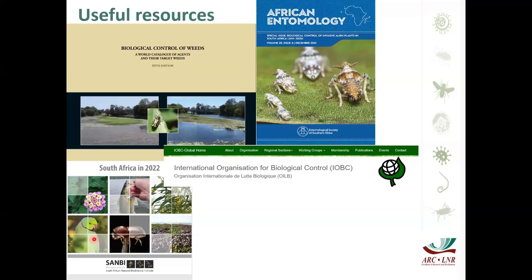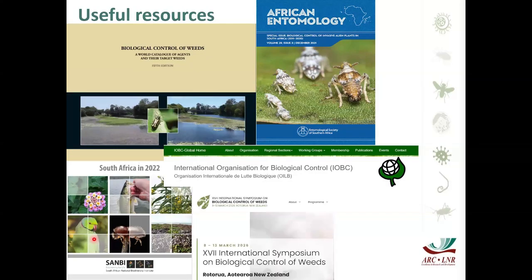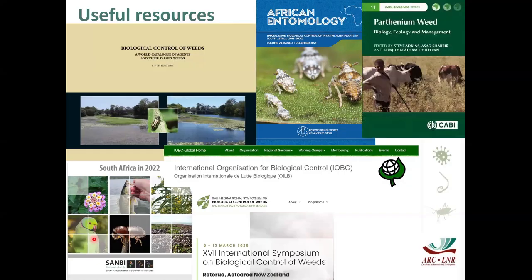There is an international organization for biological control that has an umbrella body over different regional sections, and there's an Africa tropical regional section. There is an international symposium on biological control of weeds that's held every 4 years. The next one's in 2026. That is specifically about weed biocontrol. It's an excellent conference. In terms of Parthenium itself, there's a book that was published in 2019, and that covers all sorts of elements about Parthenium weed biology, ecology, and management.